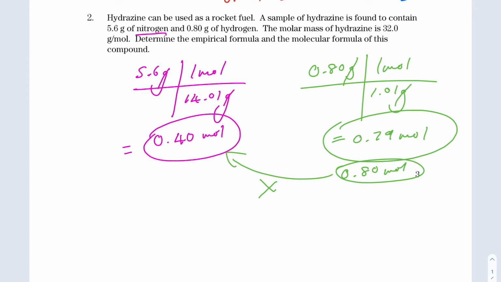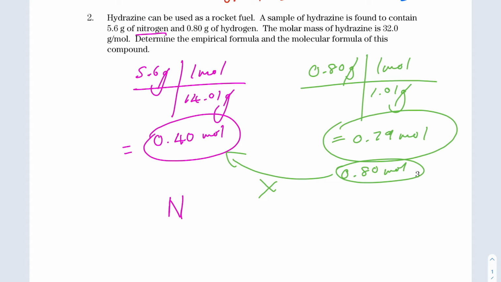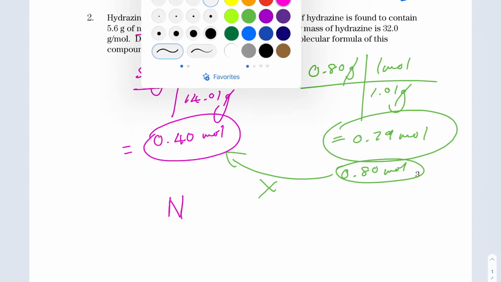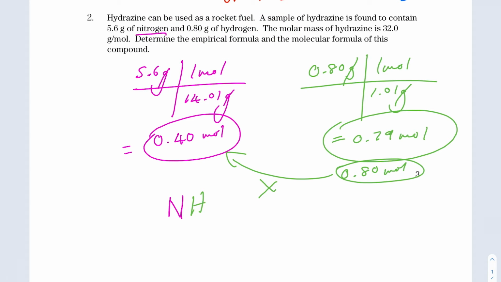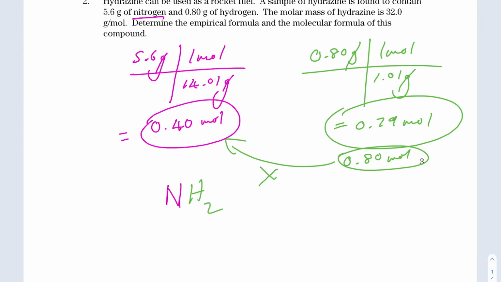So when we write the formula, the N is going to get just a 1, or we'll leave it off, and the H is going to get a 2. So NH2, if you say H2N, that's also fine, but this compound is actually written with nitrogen first and hydrogen second, and that very often happens when hydrogen is involved.